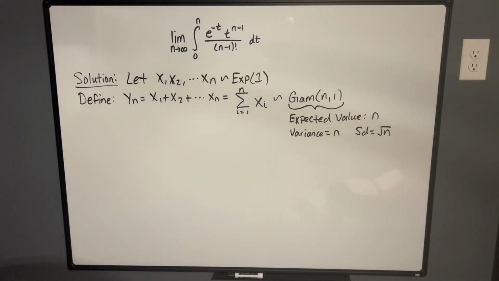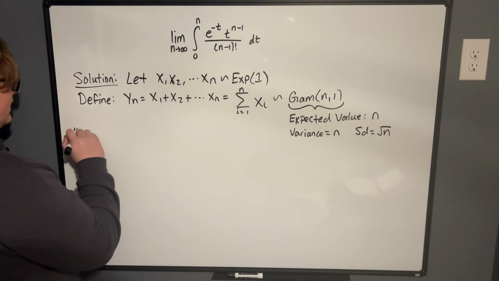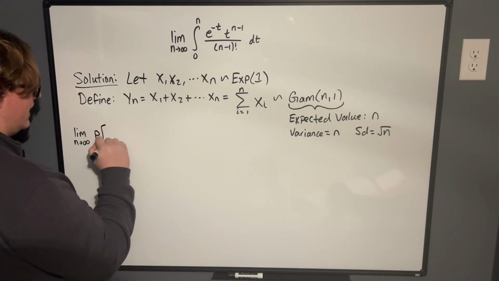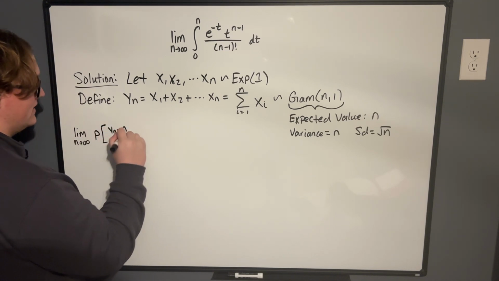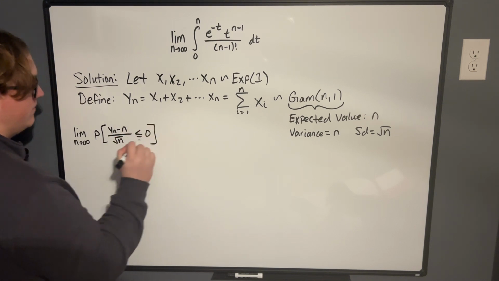Remember that whenever we standardize a random variable, we subtract its mean, so we subtract n, and then we divide by the standard deviation, the square root of n. So let's look at the limit as n goes to infinity of the probability that the standardized random variable, y sub n minus n over square root n, is less than or equal to 0.